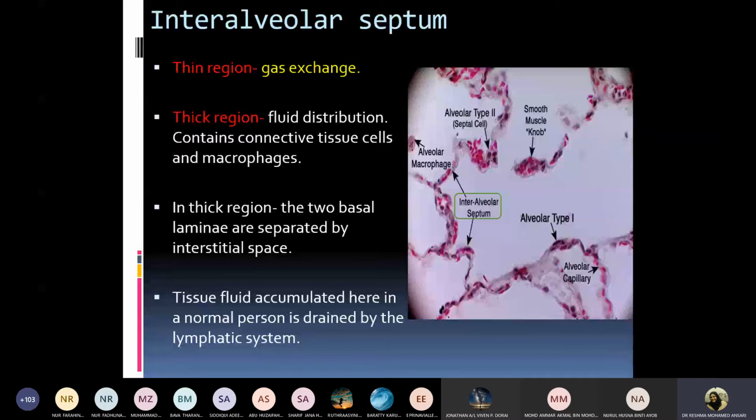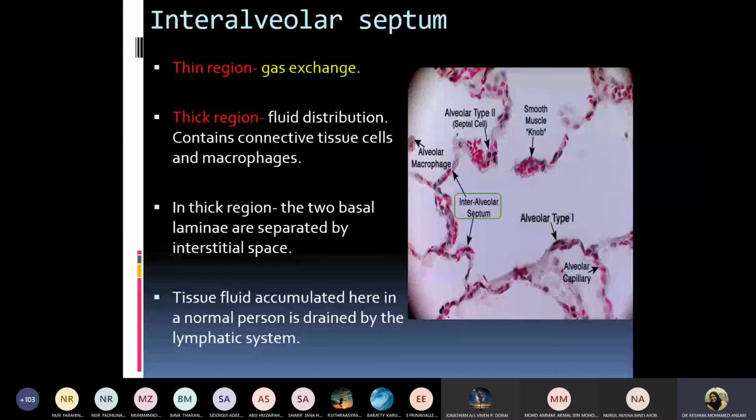What happens in pulmonary edema? Since you have finished your CVS, I'm asking you this question. In pulmonary edema, fluid starts to accumulate in the spaces in the lungs. In these images you can see a lot of capillaries, right? Alveolar capillaries will have a lot of blood.